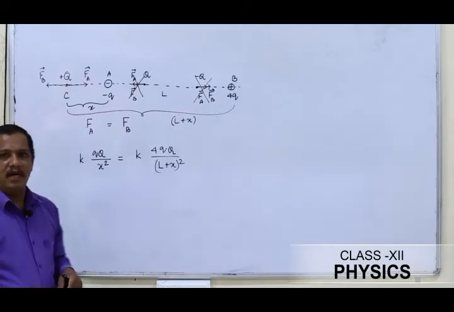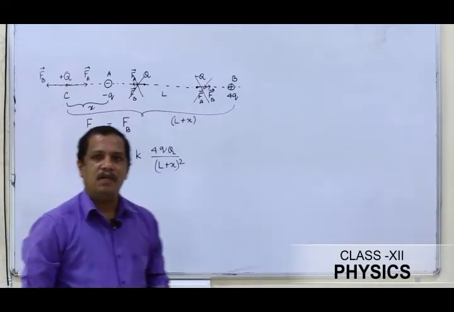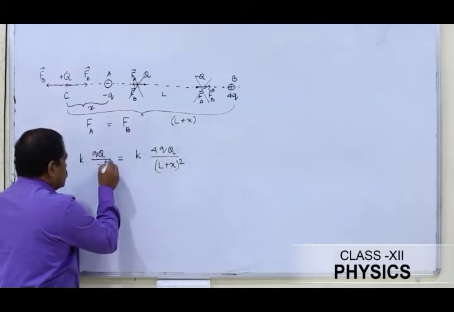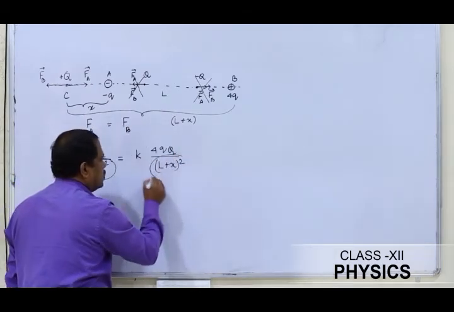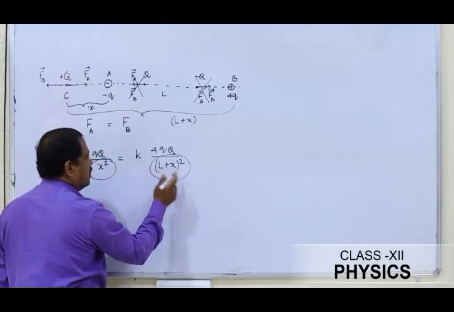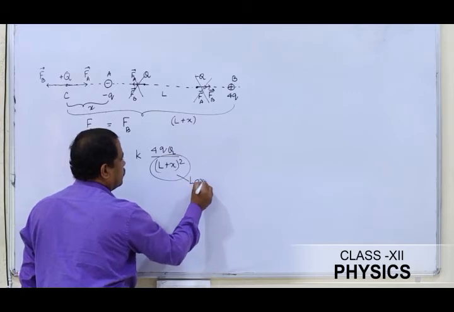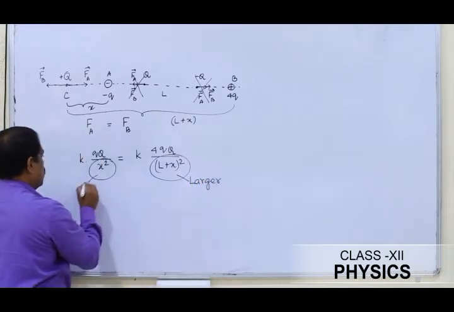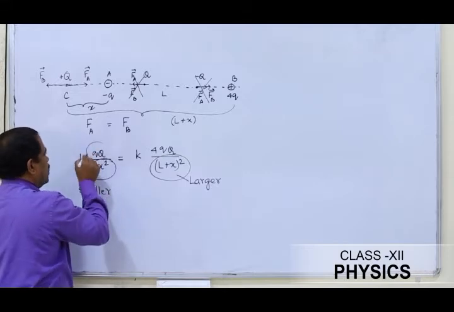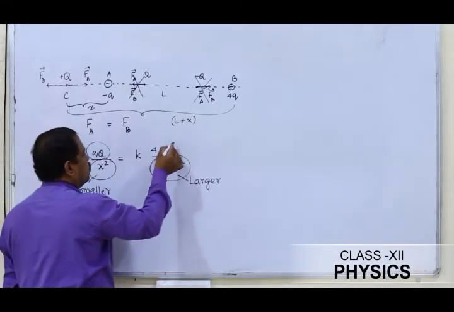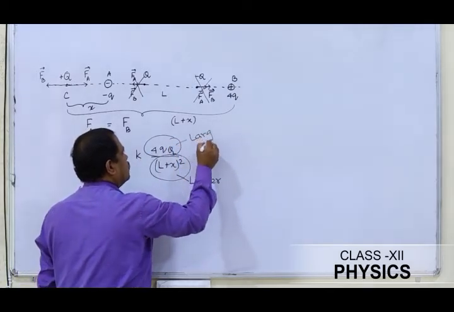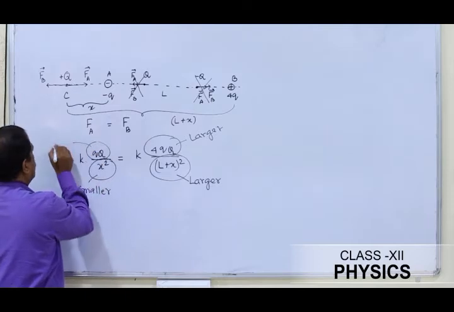Now let us inspect mathematically whether these two forces can be equal or not. When I see the denominator, this side is x square, this is x plus something. So definitely this is larger and this is smaller. Similarly, if I see the numerator q into capital Q, this is 4q into capital Q. So this is larger and this is smaller.